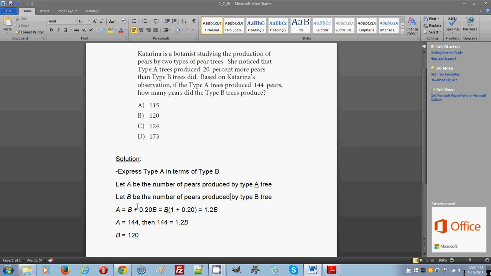Now, how did I get that? Well, let's read again. She noticed that type A trees produce 20% more pears than type B trees did.